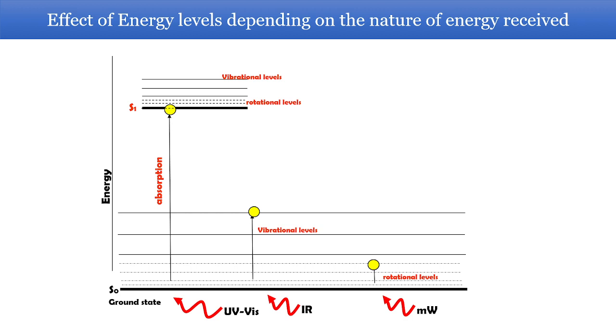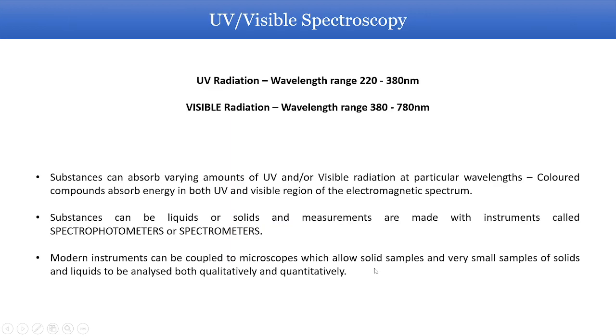S0 being the ground state has rotational and vibrational levels, and S1 being a higher energy state has rotational and vibrational levels. So UV visible light excites it from the ground state rotational level to the S1 rotational level, whereas IR moves it from the rotational to the vibrational level of S0, and microwaves move it from the rotational level 1 to the rotational level say 4. So we talked about this.